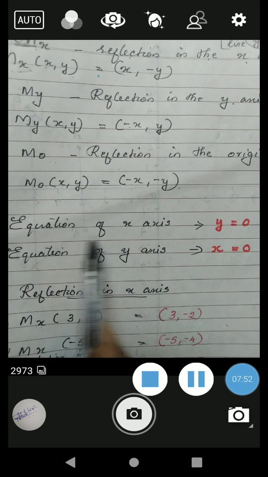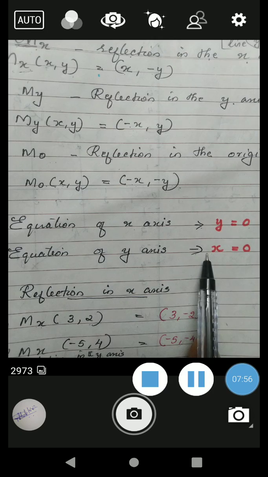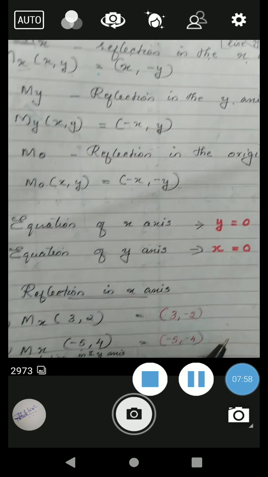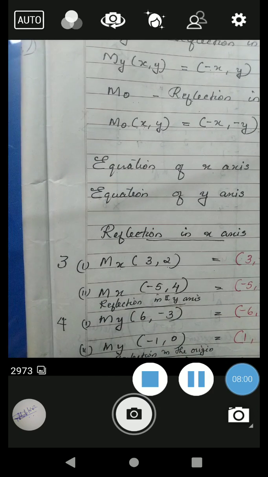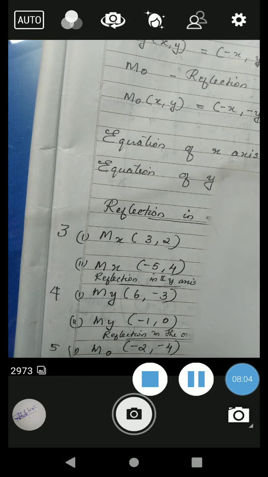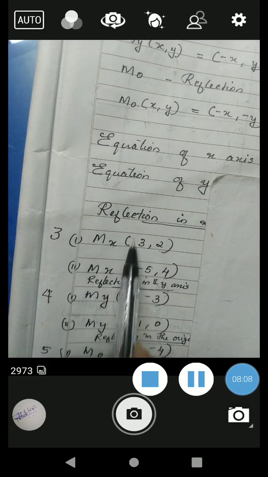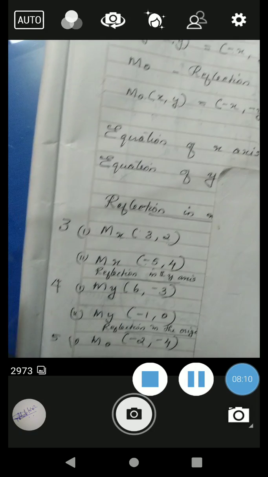Once again you have to remember, the equation of x-axis is y = 0, the equation of y-axis is x = 0. Now you can reflect these points. Reflect these two in the x-axis, do these by yourself.